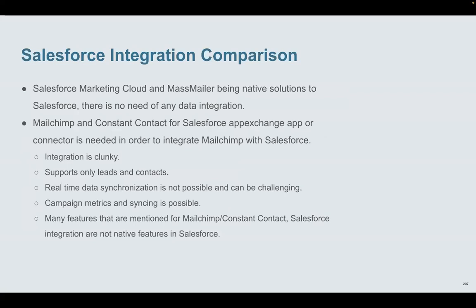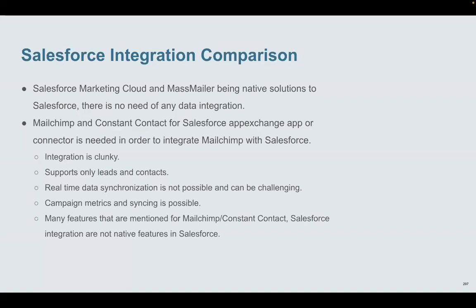So the main thing, not the feature, basically the platform itself, how it's built, whether it is a native app or non-native app, meaning whether the solution is built right within Salesforce or the solution is sitting outside of Salesforce, right? There are two buckets. So Salesforce Marketing Cloud and MassMailer, these two are native solutions to Salesforce. So you don't have to really do any integration. It's all built in.